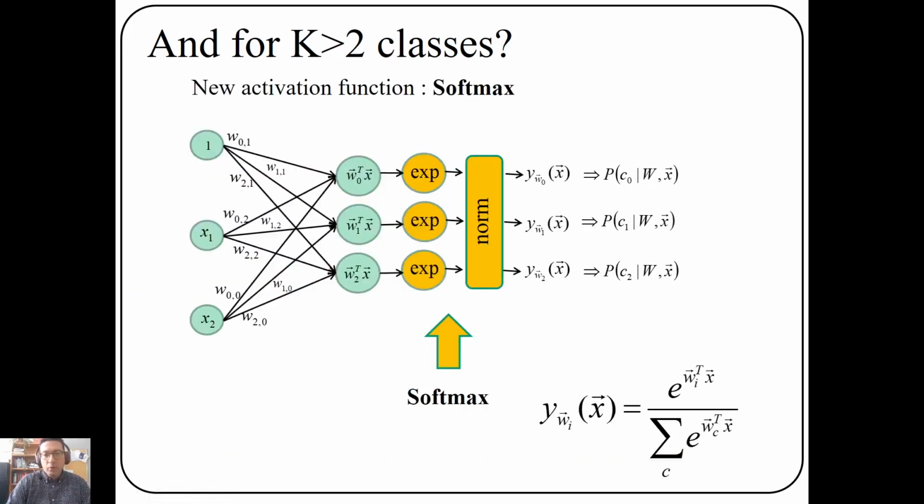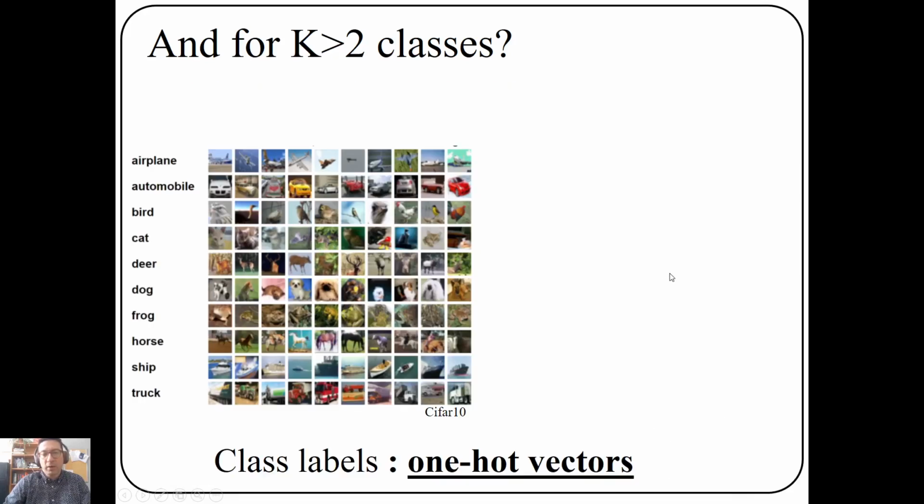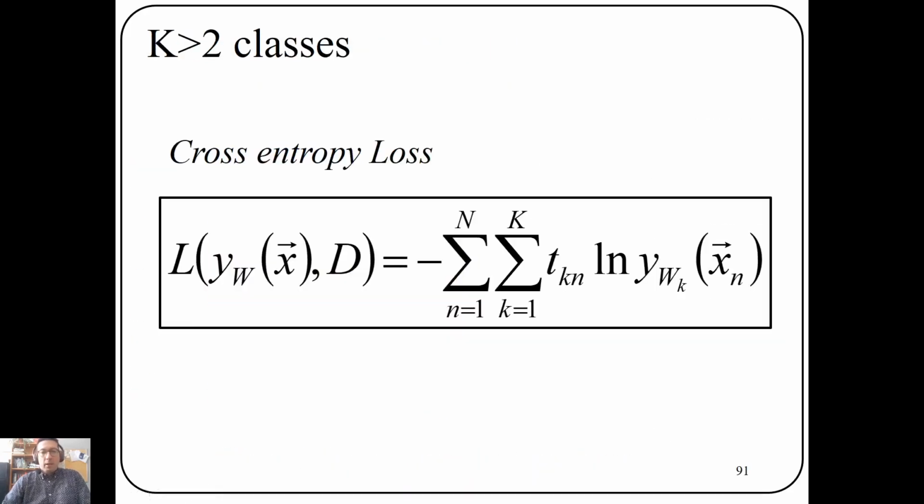And this echoes the fact that the output of a multi-class neural network with a softmax at the output is also a probability distribution function, with values close to 0 for some classes and close to 1 for other classes. Now the cross-entropy loss for the multi-class case is given like that.